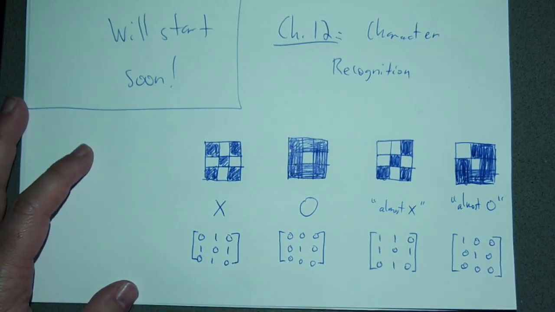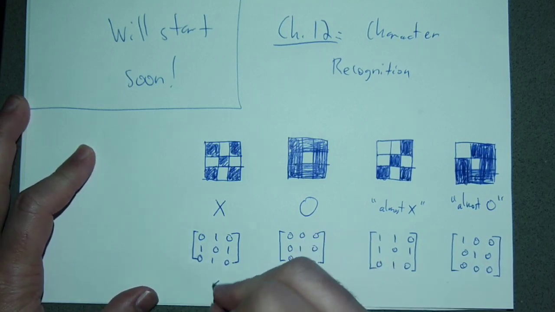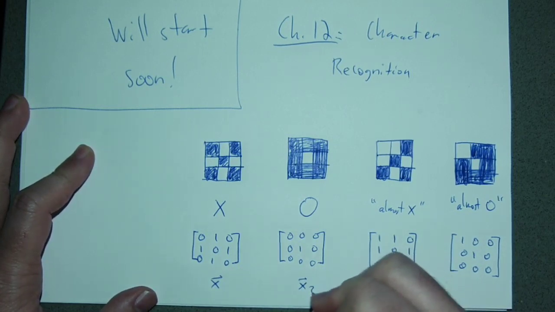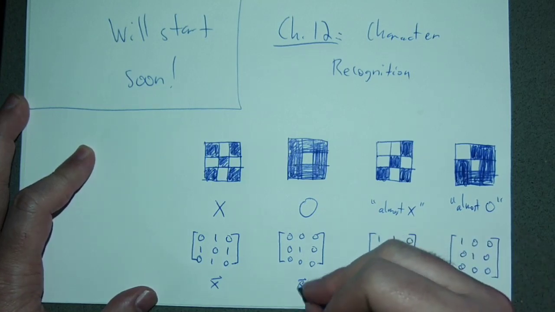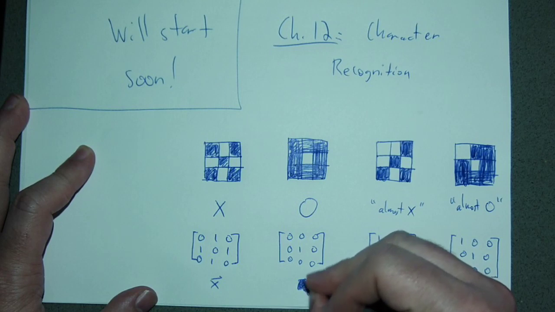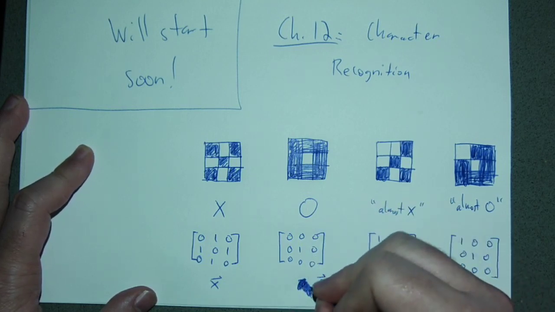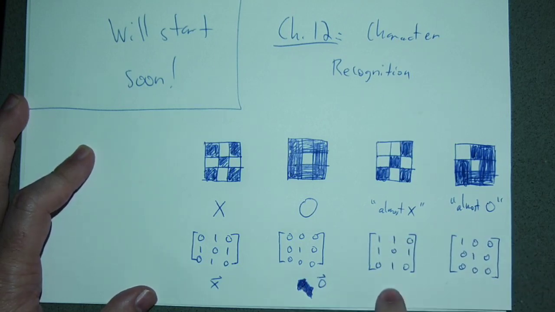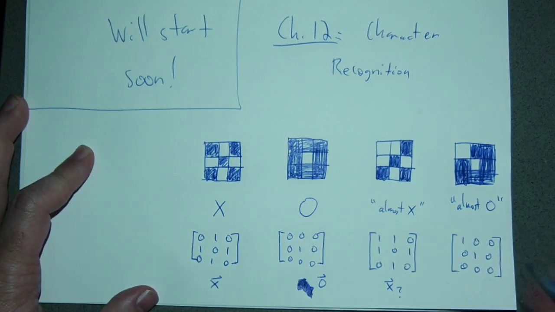So if I'm calling this X, and I'm going to call this thing X question mark, so it's almost X. This is going to be O, not to be confused with the 0 vector or 0 matrix. Here's my almost X, so this is X question mark. And here's my almost O, so this is O question mark.